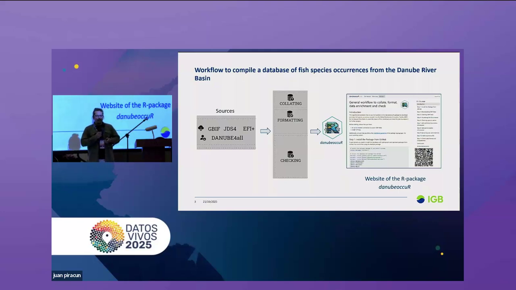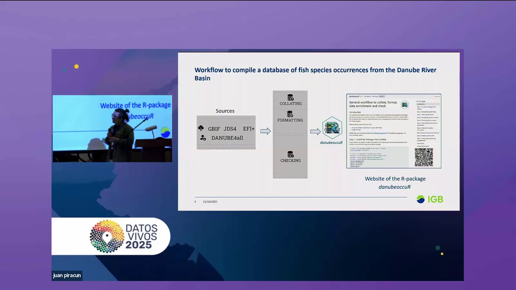To collect, format, and check the quality of the data, we used R, and all the code that we used for that we gathered in an R package that we named DanubeOccur.